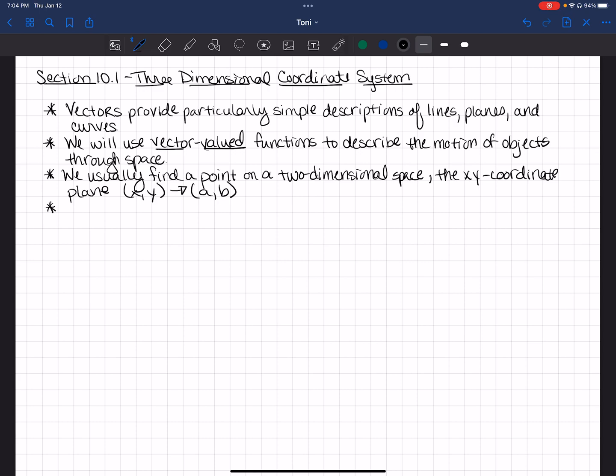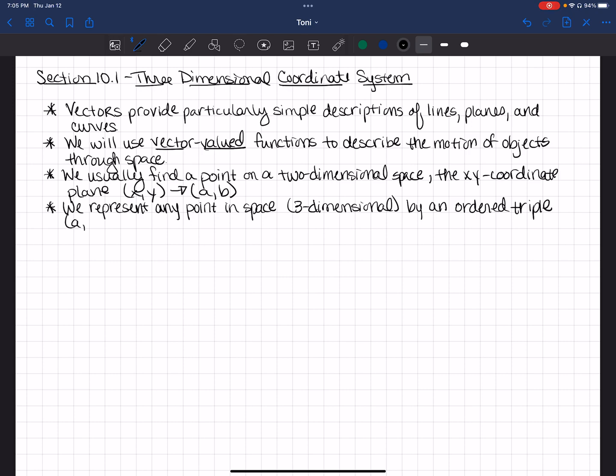So what we do is we take that XY plane and we're going to turn it three-dimensional, and we represent any point in space, which is three-dimensional, by an ordered triple ABC, which is, of course, X, Y, Z.